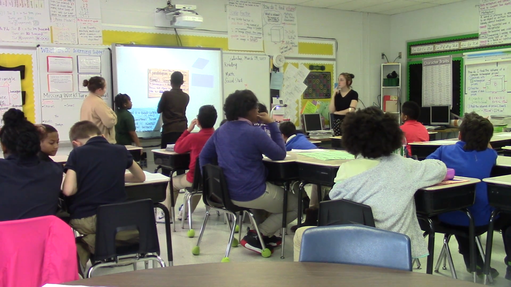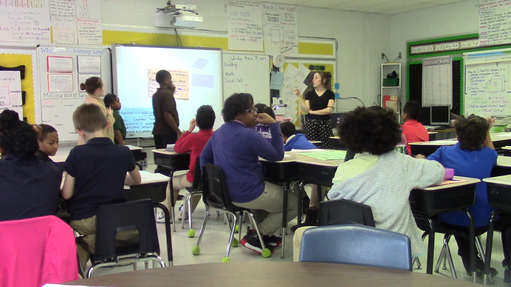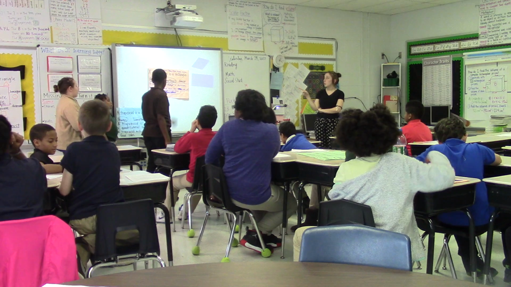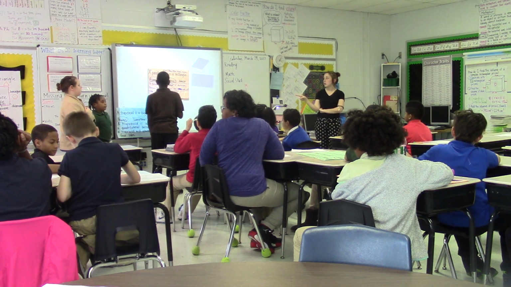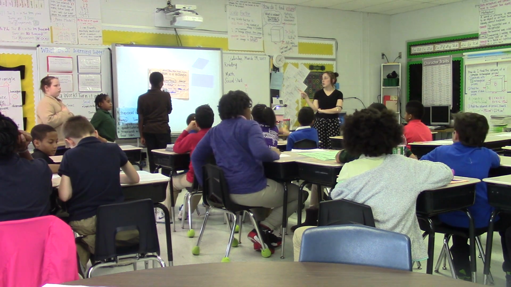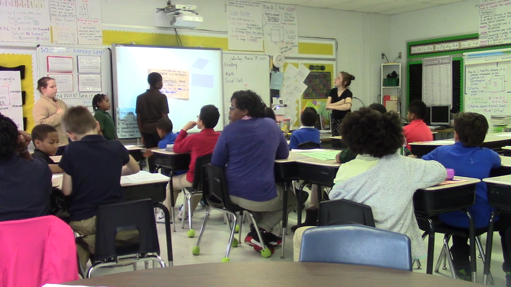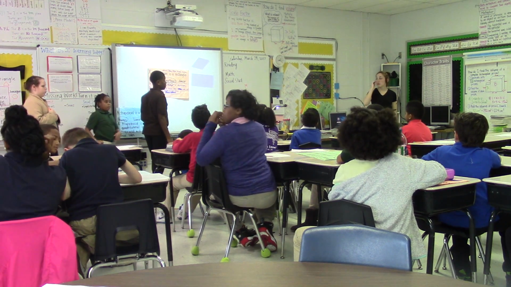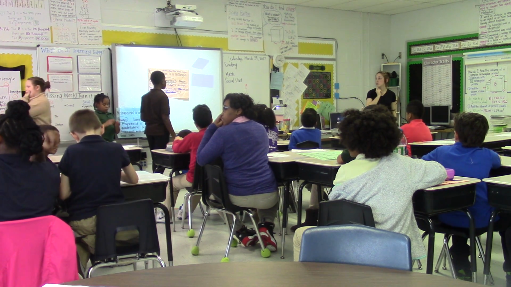Okay, and why did we say a parallelogram is sometimes a rectangle? Because both get right angles, when a parallelogram has a 90 degree angle.